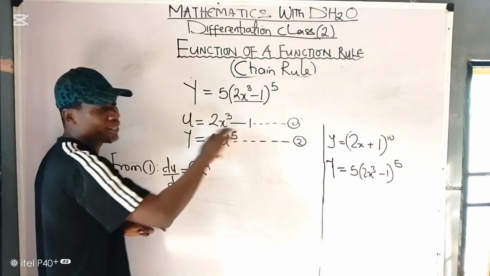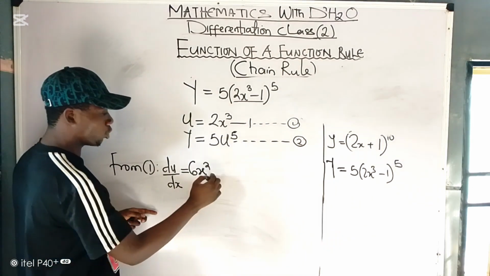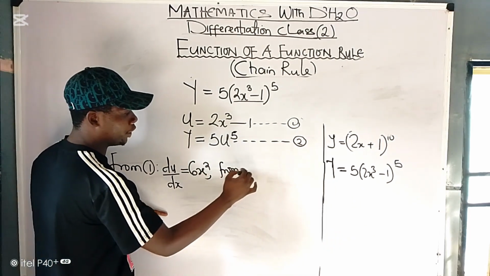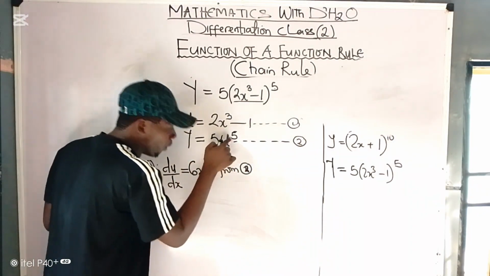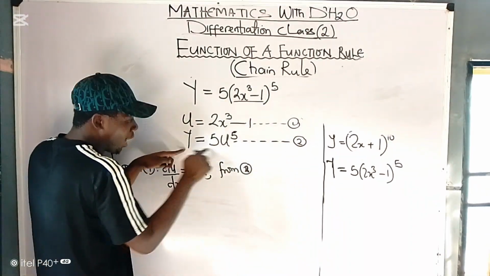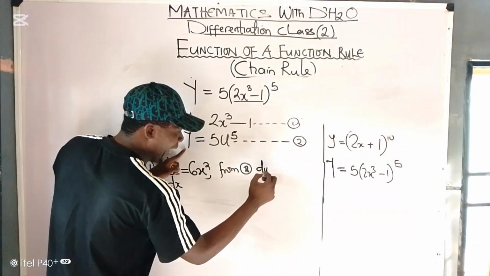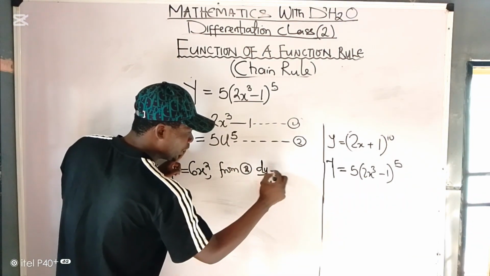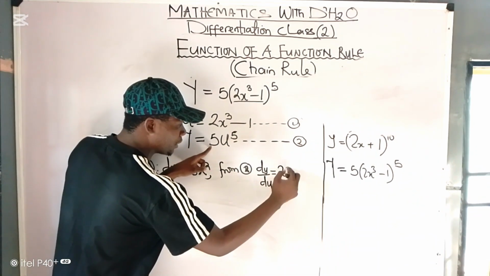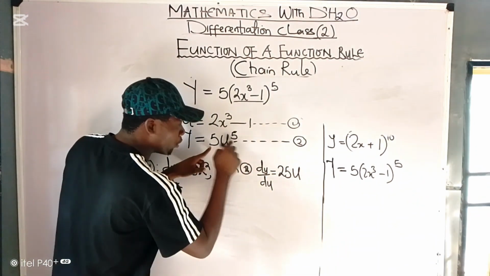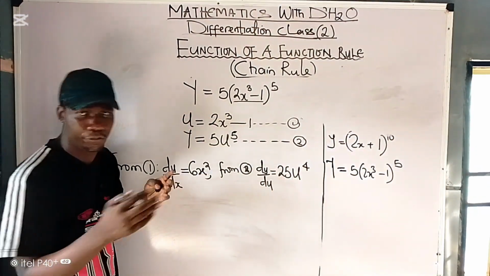Know that this one will always give us 0. So that's it. So from equation 2, you have 5u raised to the power of 5. So this will give us dy over du. So you have dy over du is equal to, use this 5 to multiply, that will give us 25u. Remove 1 from the power, that will give us 4.